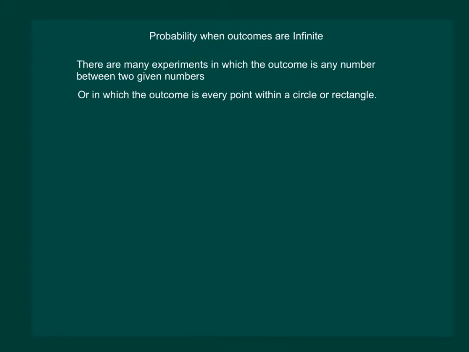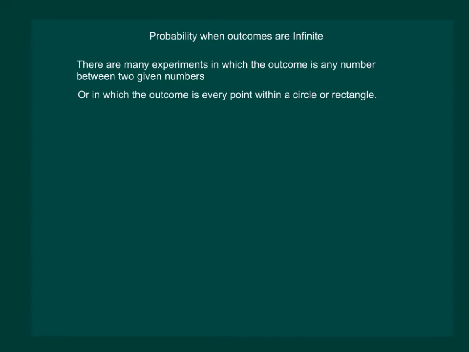That means in such cases we are not able to count the number of all possible outcomes, as we know that there are infinitely many numbers between two given numbers and there are infinitely many points within a circle or a square or a rectangle, whatever the figure may be. So the definition of probability which we have been using so far cannot be applied in this form.